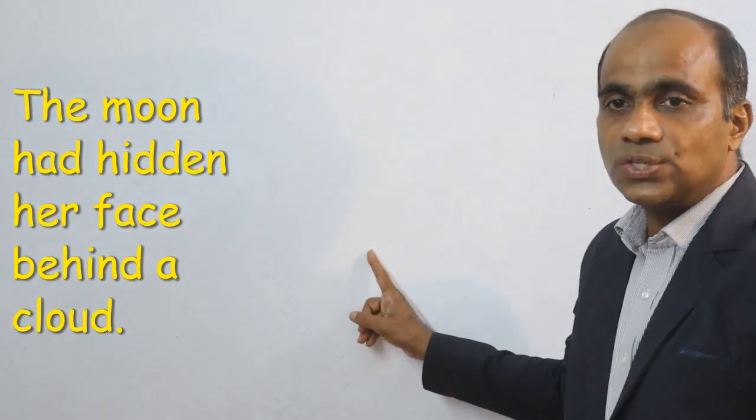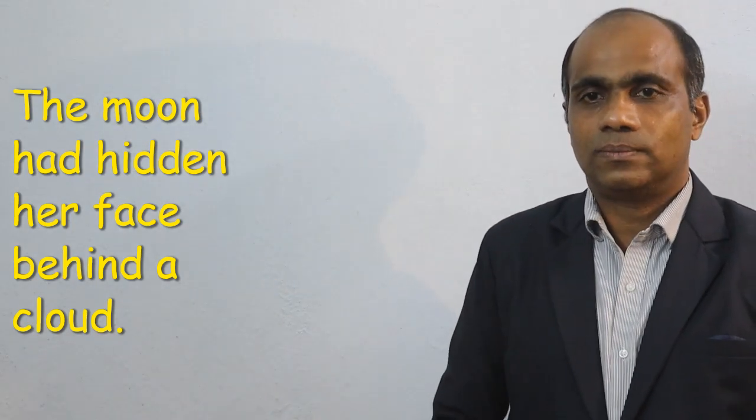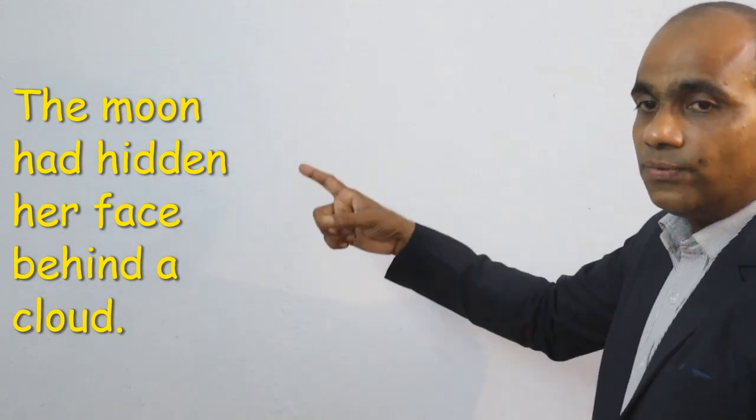One sentence let us see here now. The moon had hidden her face behind a cloud. So, her, the moon, means it is used as a feminine noun here.